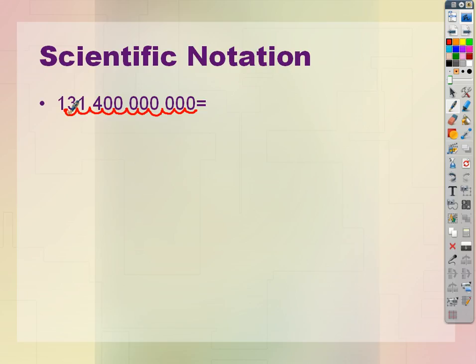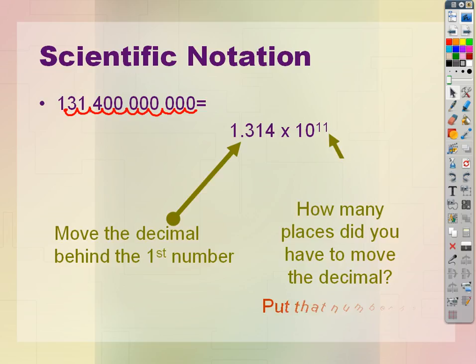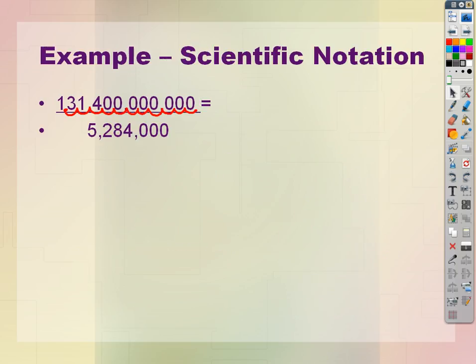So then that would equal, because I moved it 11 places, 1.314 times 10 to the 11. The number of shifts determines the power of 10 in the scientific notation expression. There it is. Okay? Yeah. Okay.